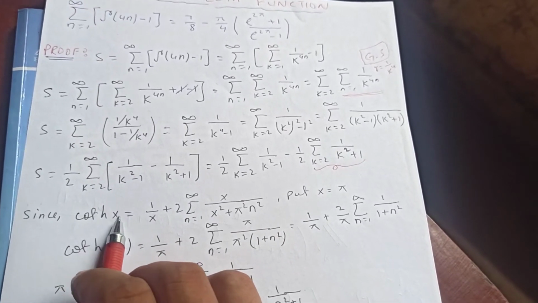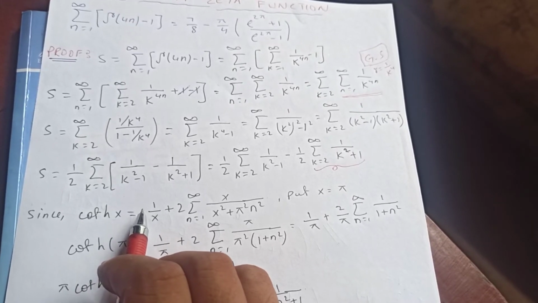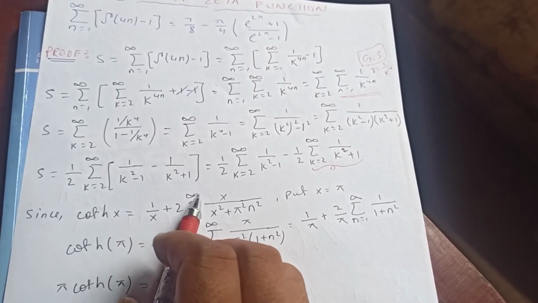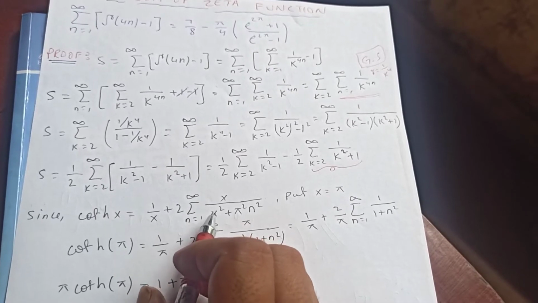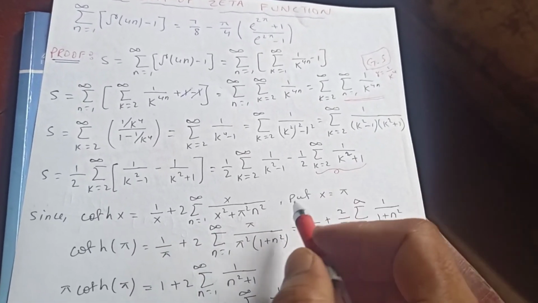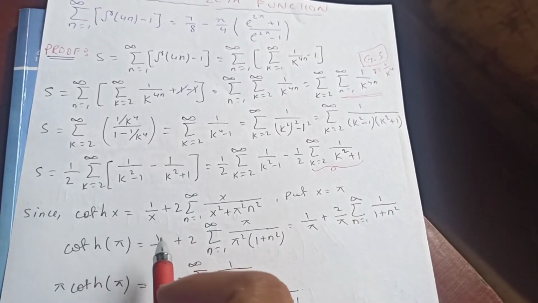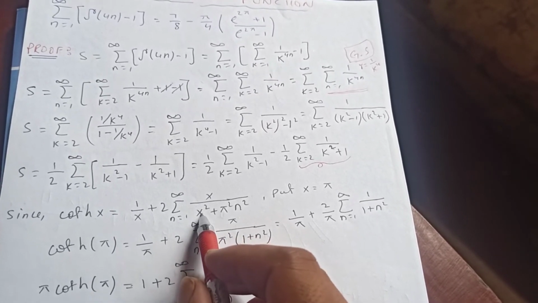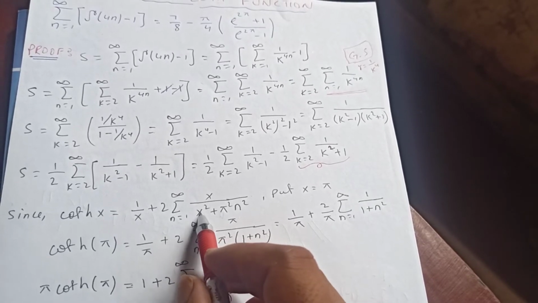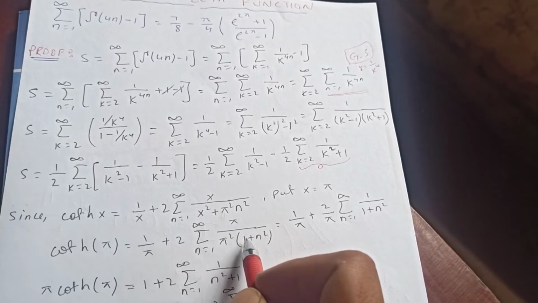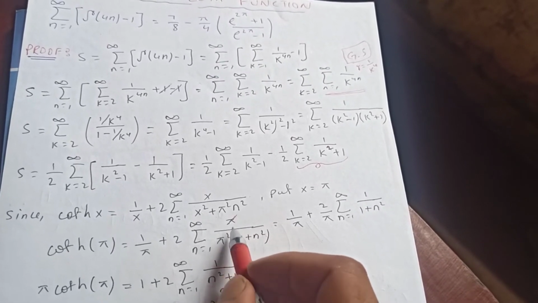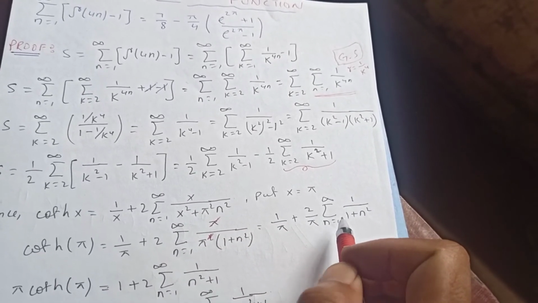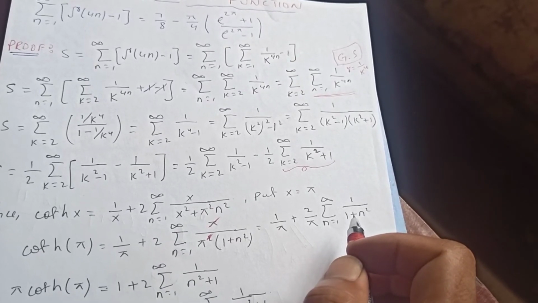I have already done the partial fraction expansion for hyperbolic cot of x; you can check it out. It is 1 over x plus 2 times the sum from n equal to 1 to infinity of x upon x squared plus pi squared n squared. Now putting x equal to pi, coth of pi is 1 over pi plus 2 times the sum from n equal to 1 to infinity of pi upon pi squared plus pi squared n squared. We get pi squared common, pi squared times (1 plus n squared), so one pi cancels. You get 1 over pi plus 2 over pi times the sum from n equal to 1 to infinity of 1 over 1 plus n squared.